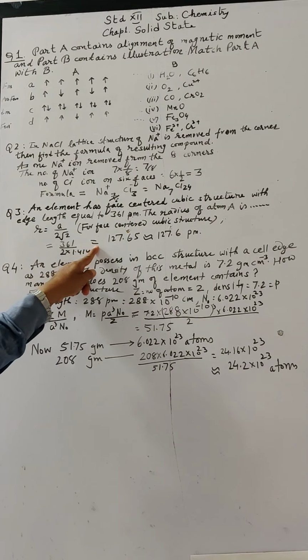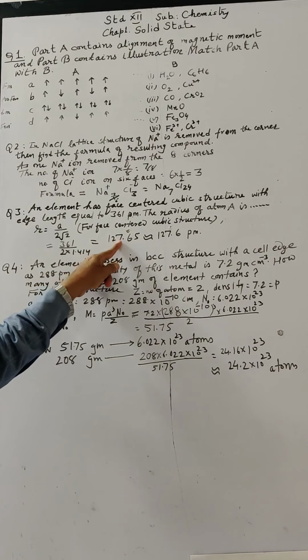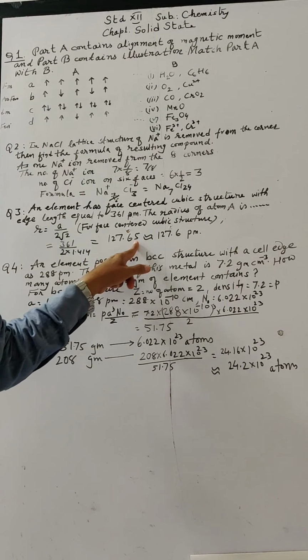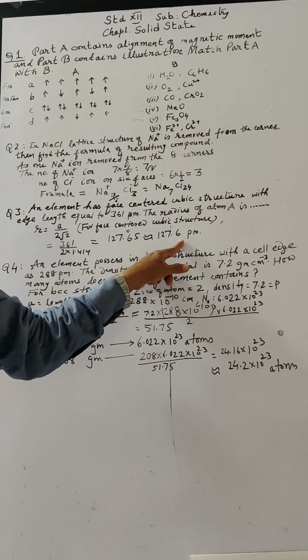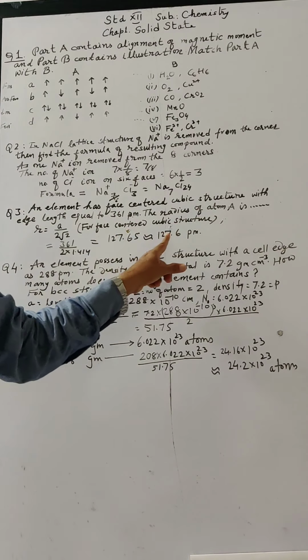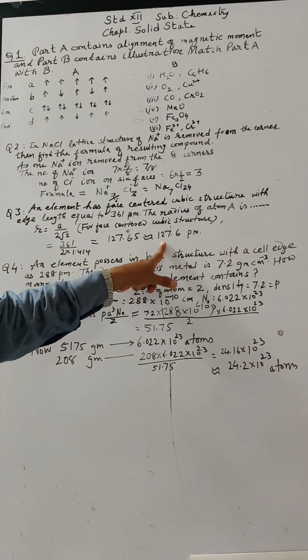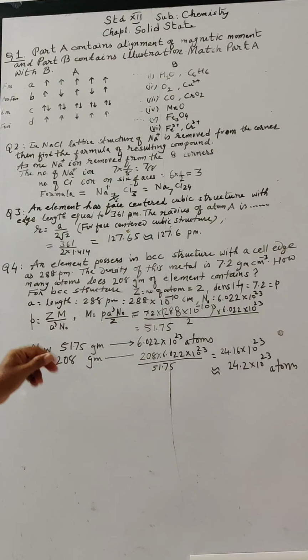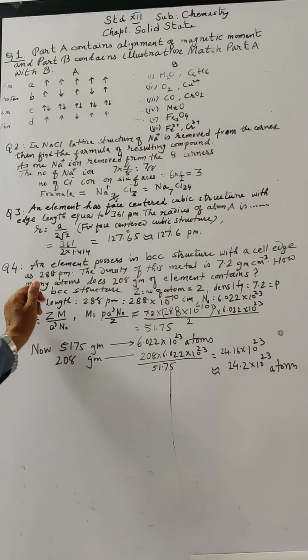So it is equal to 127.65, means 127.6 picometer. The radius of atom A is 127.6 pm. Another numerical, question number 4.